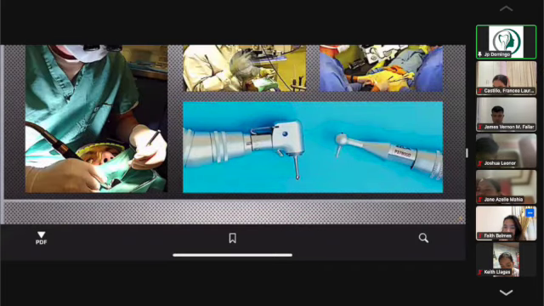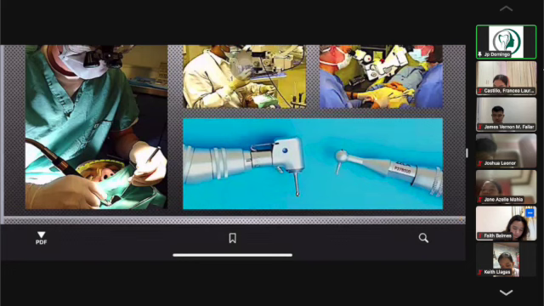So going back to our discussion, what is the difference between a surgical handpiece and a conventional handpiece? A surgical handpiece has vents. This allows the air that drives the motor, that drives the bearing to rotate, to go back, so there is a retrograde backflow of air.